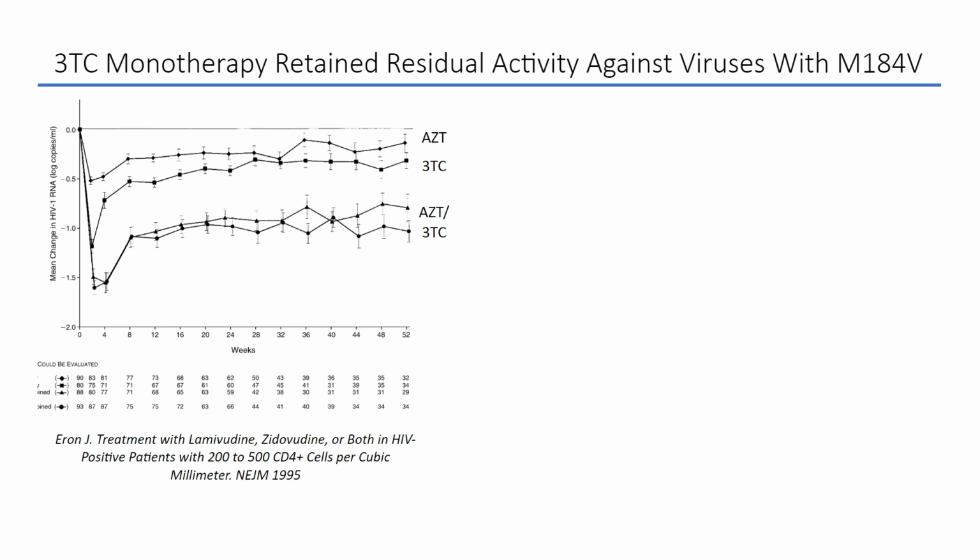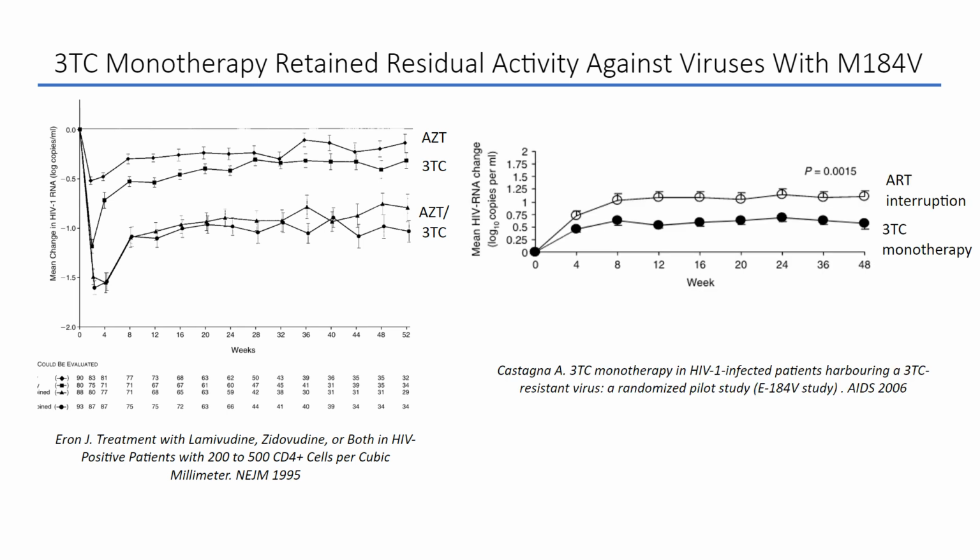with this mutation. The figure on the right is from the more recent E184 open-label pilot trial that randomized patients receiving 3TC containing antiretroviral therapy and harboring the M184V mutation to monotherapy with 3TC, 300 milligrams once daily, or to the discontinuation of all antiretroviral drugs.